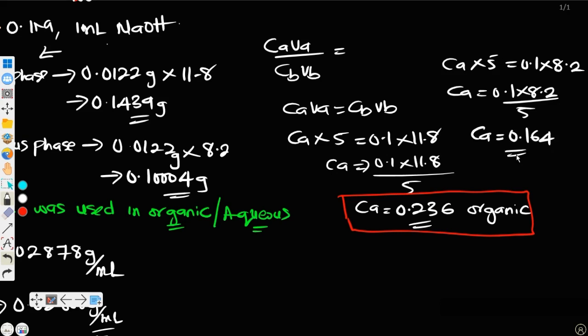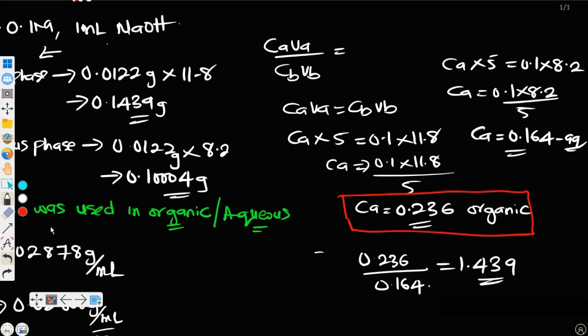So if you want to calculate the partition coefficient now, it is the concentration in the organic phase over that of the aqueous phase, which is 0.236 divided by 0.164, which gives 1.439.